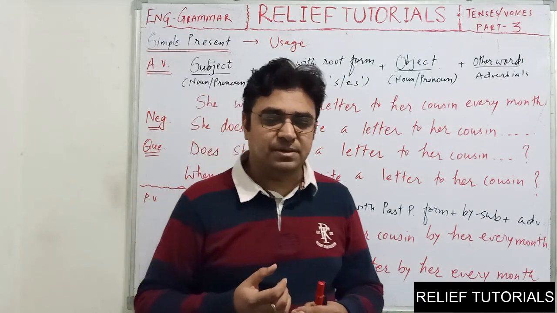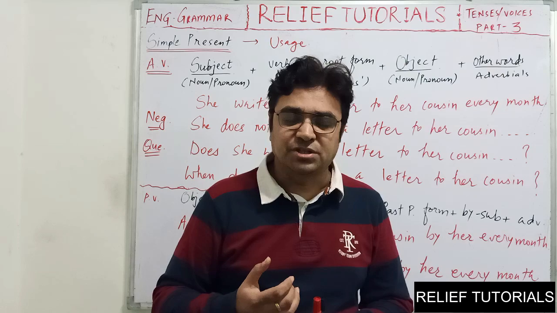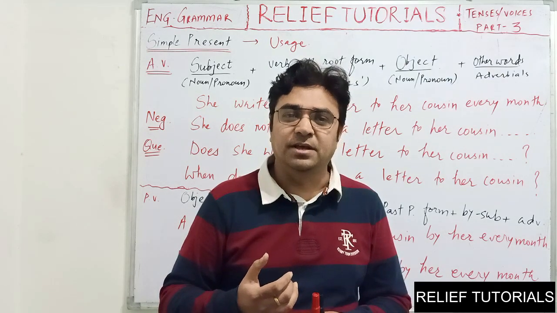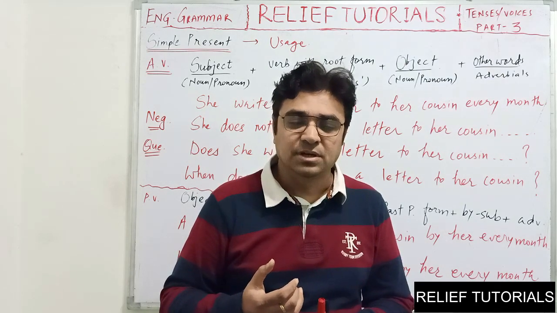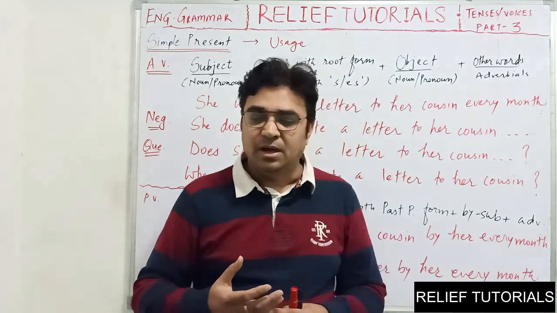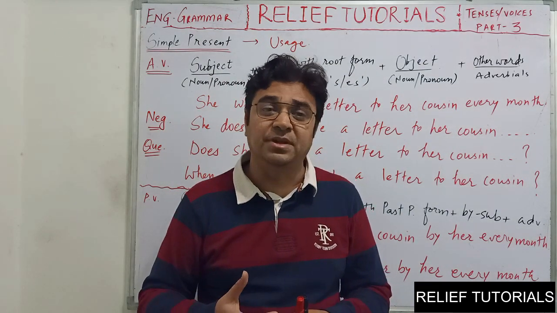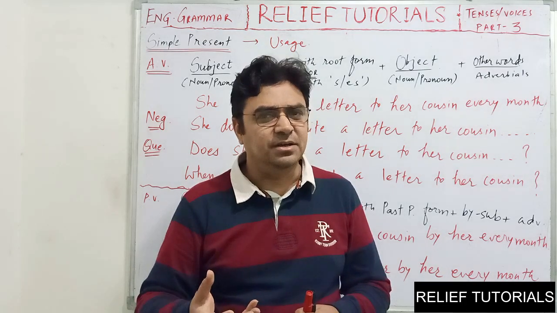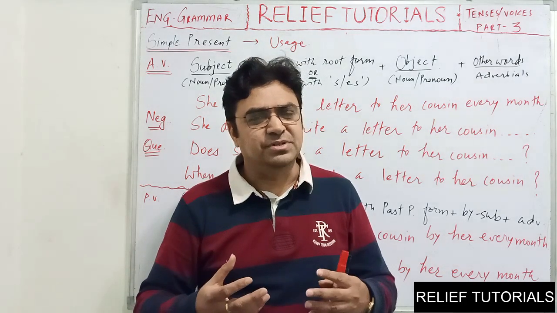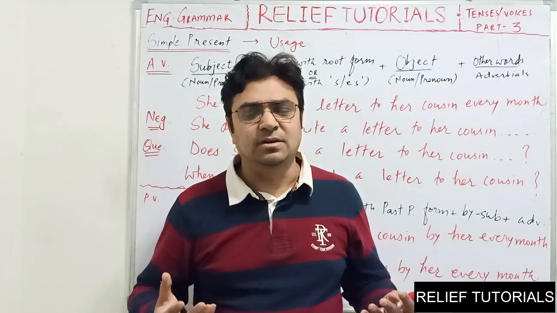So the sentence is one of the actions which occur regularly at regular intervals. Say, I visit my mama's house, my maternal uncle's house, every year. It doesn't happen daily, it doesn't happen every day, but it happens every year regularly.